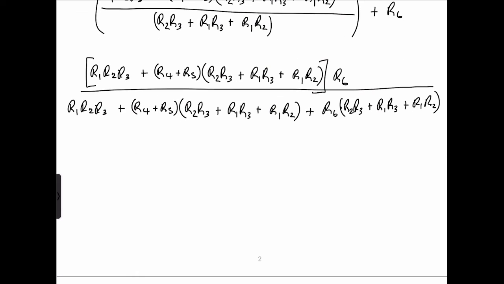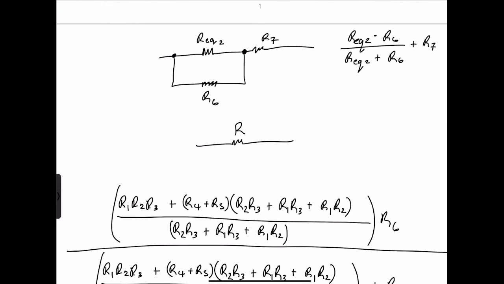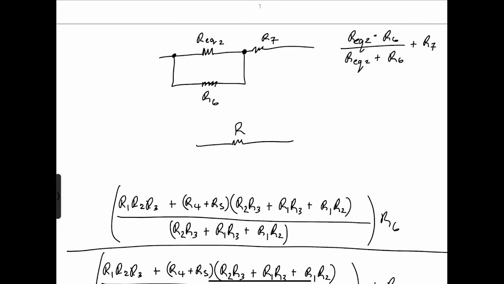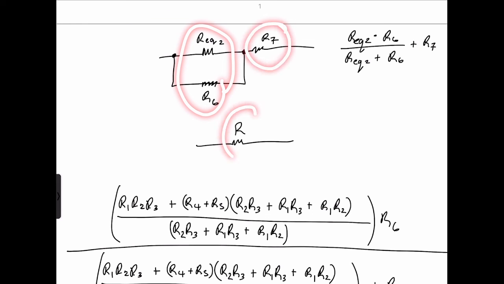And that is R equivalent 3. R equivalent 3 is the combination of these two. We just used the formula for two resistors in parallel. Now we can just add these two and R7 to get R.